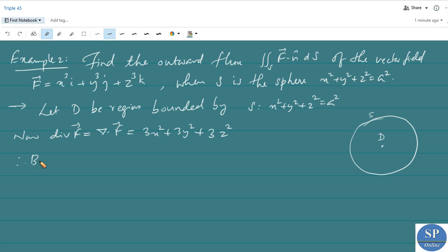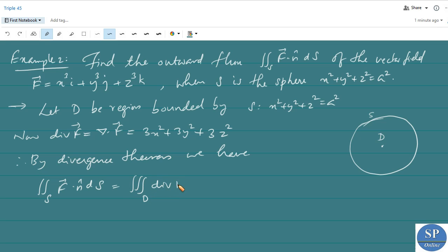Therefore, by the divergence theorem, we have the surface integral over S of f dot n ds for the outward flux equal to the triple integral over D of the divergence of f dv, which is the triple integral over D of 3x square plus 3y square plus 3z square.